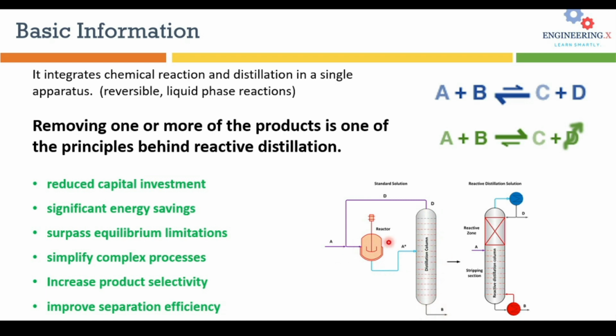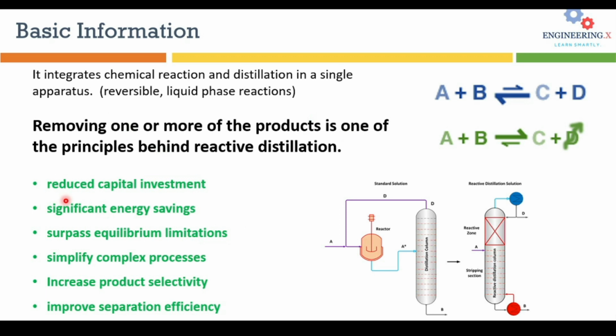But if you use simple reactive distillation for this kind of reaction, then you can integrate the reaction zone inside the distillation column, where not only the reaction will happen but the product will also be separated side by side. So there are a number of advantages of reactive distillation over the standard solutions for this kind of reacting system.